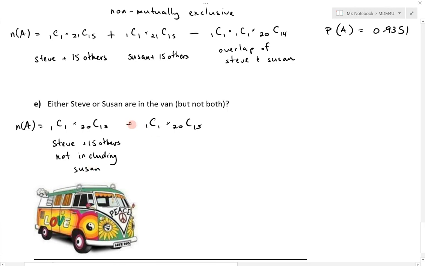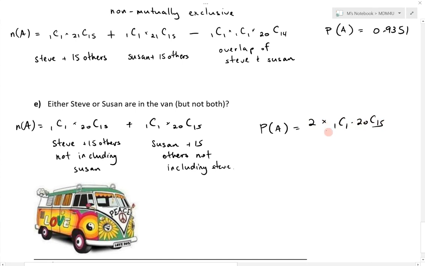And then I'm adding the counting of the possibility that it's Susan plus 15 others, not including Steve. Okay, and that probability is going to be 2 times 1 choose 1 times 20 choose 15 divided by 22 choose 16. That's 41.56%.